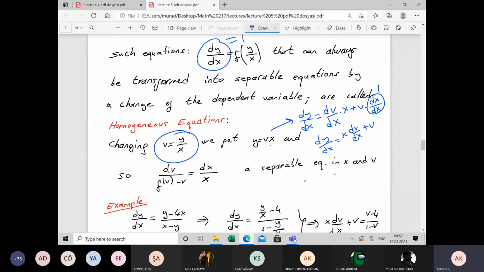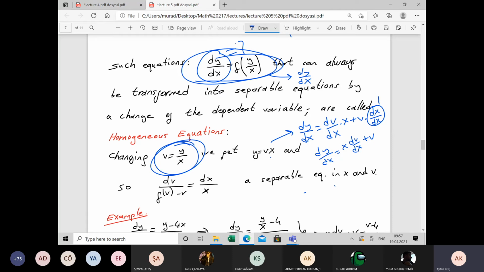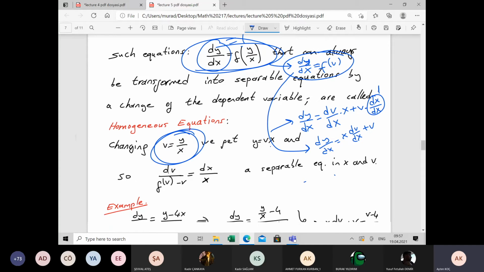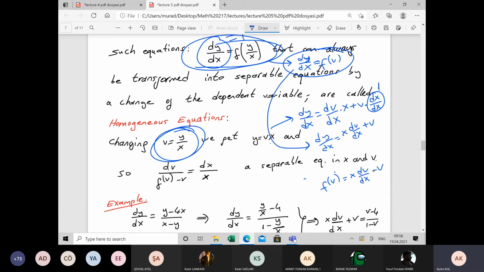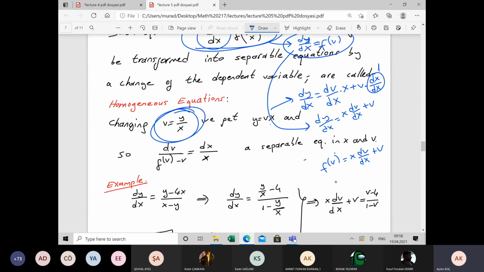And also we know that, look at our equation, dy over dx is equal to f of y over x, and using this substitution it is equal to f of v. Substituting here, f of v is equal to x dv over dx plus v. Then we obtain f of v minus v is equal to x dv over dx.